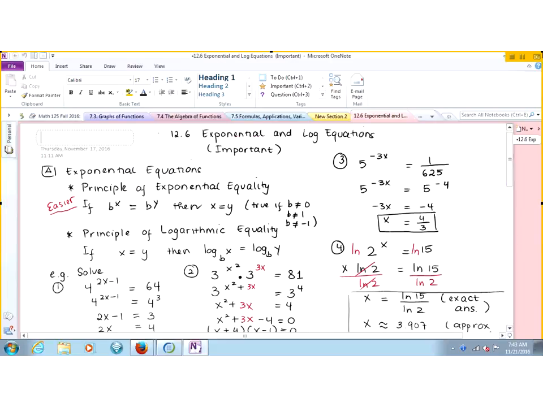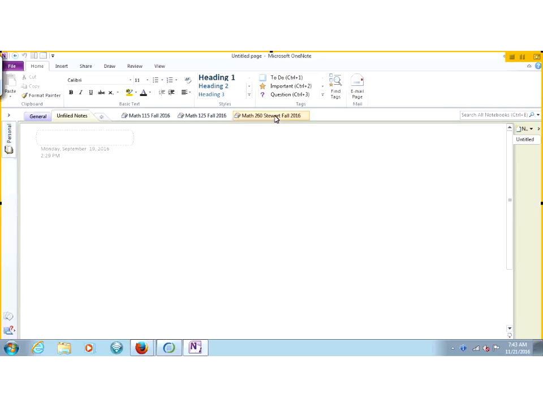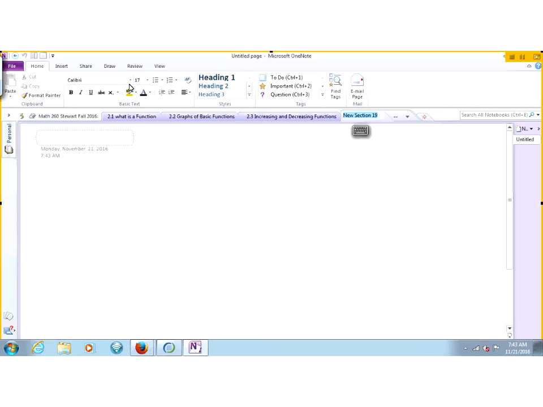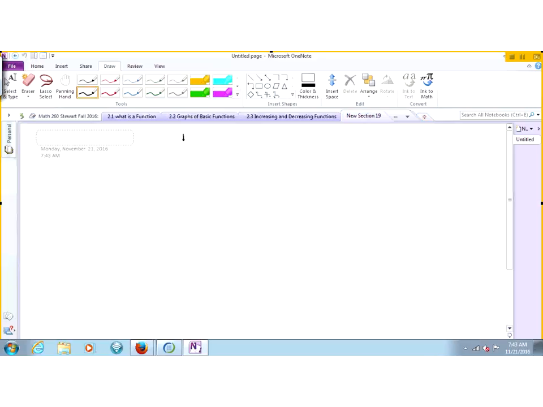Okay, so this is Math 260, and this is the parabola, which is a new section. 10.1 is parabola. All right. So anyway, what is a parabola? So I'm going to write the definition, and I will draw it.